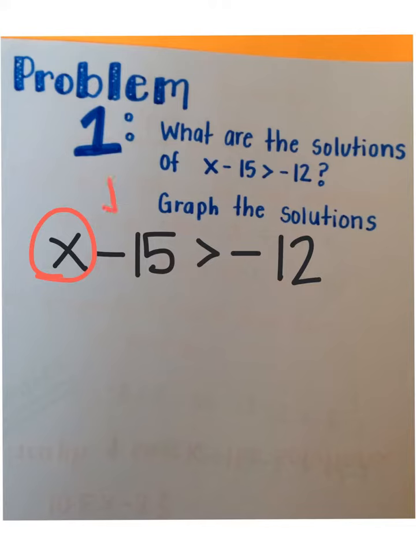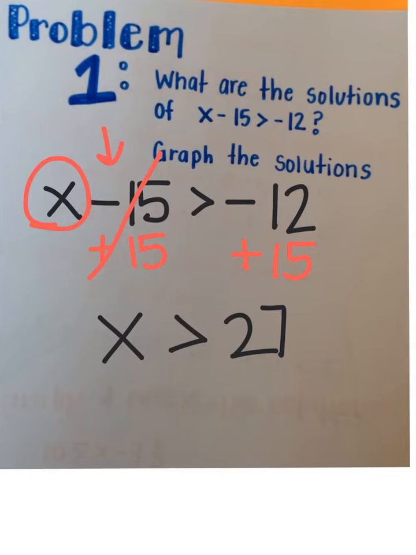So I need to get rid of this minus 15. How do I undo the operation of subtracting 15? What's the opposite of subtraction? It's addition. So I'm going to add 15 to each side of the inequality symbol. These will cancel out, and I'll be left with X is greater than 27.